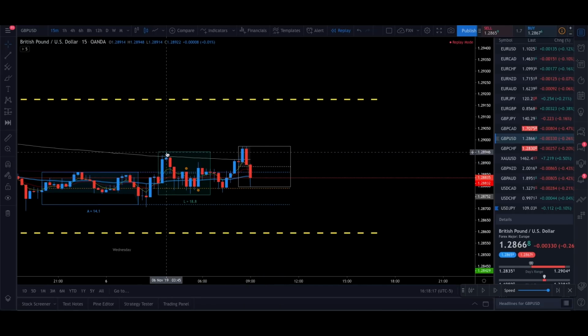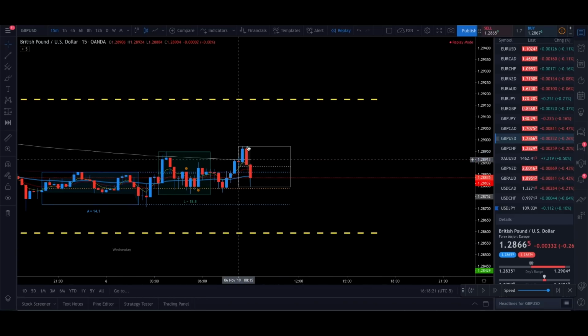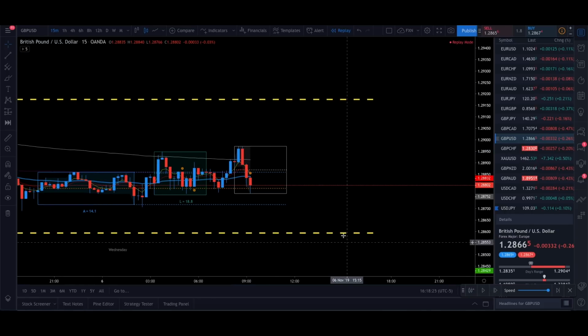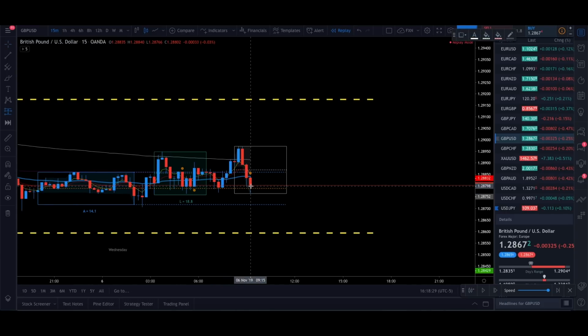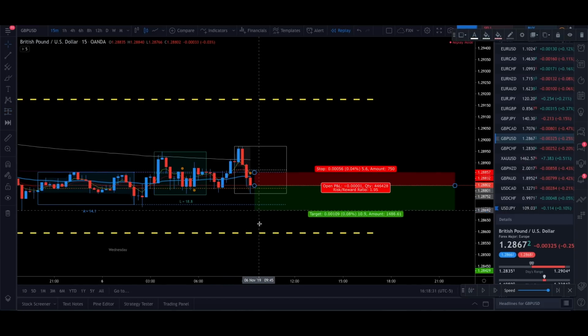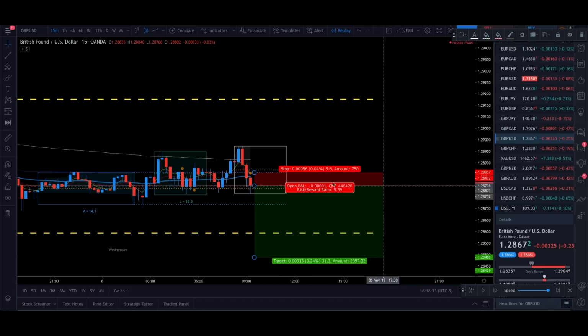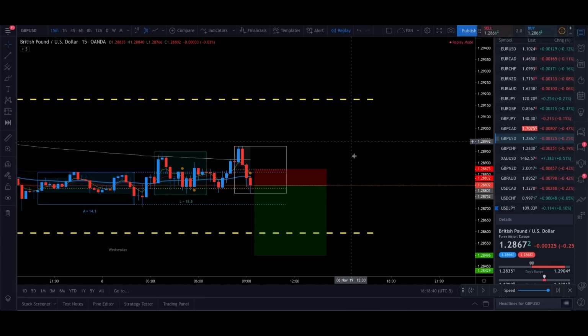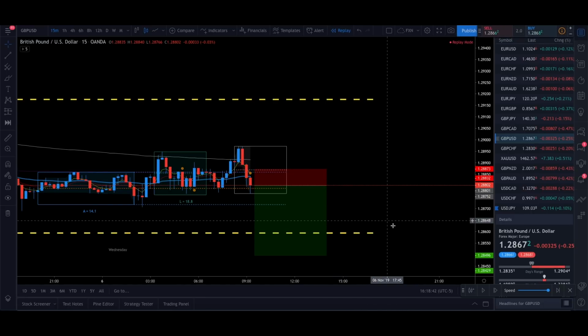So here we're going into essentially the US session, and we already have what could be a potential one leg up here that we moved outside of the box. Here's a potential second leg here, and so essentially you're just waiting for a crossover, which happens here, right? So for your trade setup, let's just say that you're aiming towards 30 pips, is just right here. You're at, let's say, a 7 pip stop loss, okay?